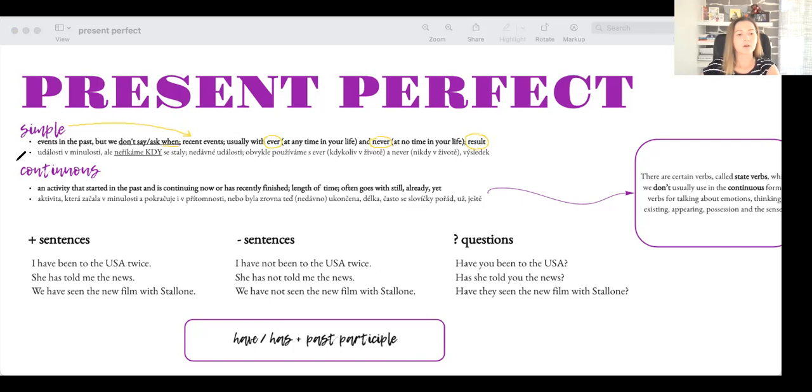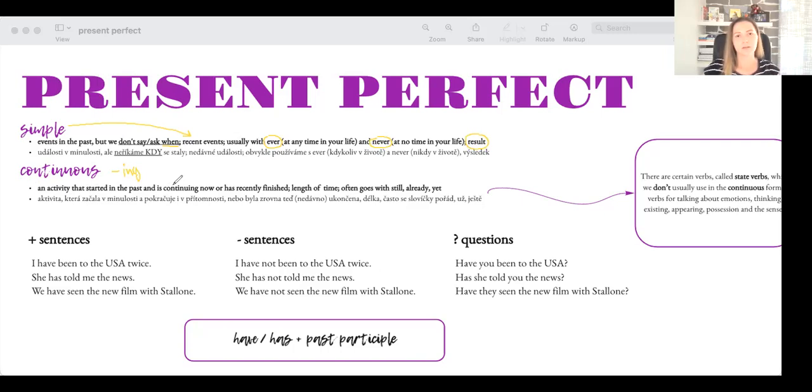Then for the present perfect continuous, when something is continuous, it's always with the ing. So for example, I have been learning English for 5 years now. That's an example. So it's an activity that started in the past and is continuing now.